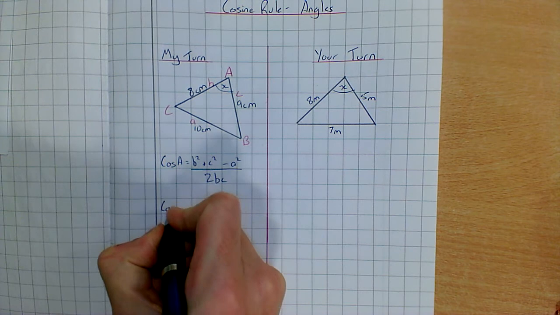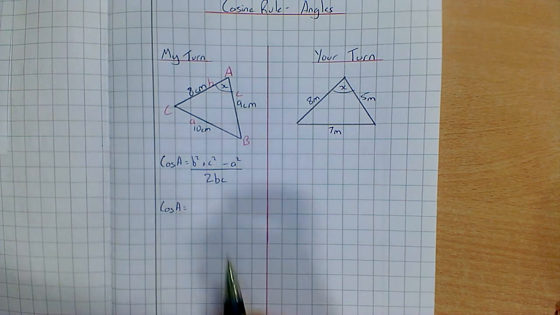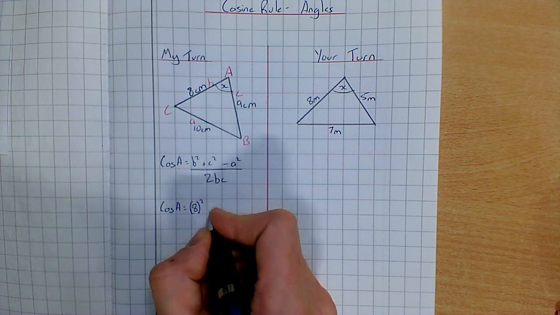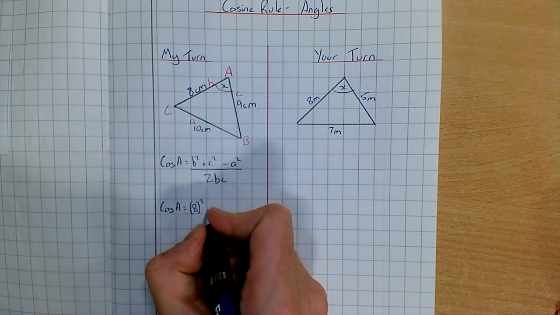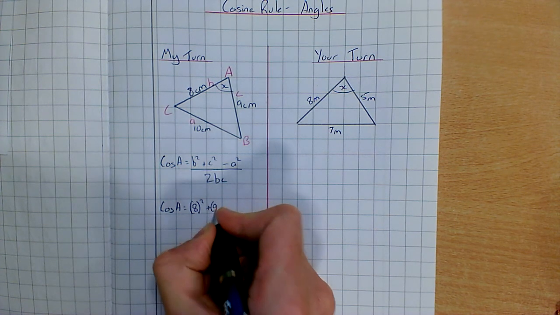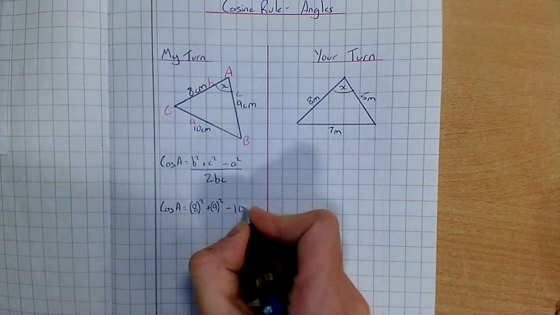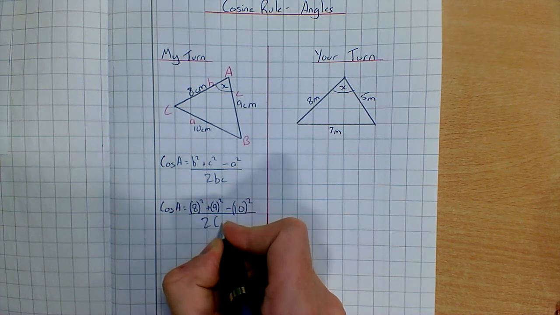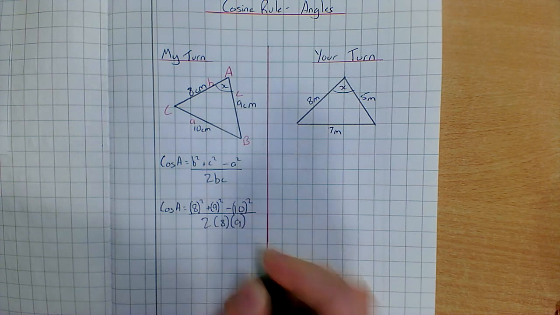So cos A equals 8 squared plus 9 squared minus 10 squared all over 2 times 8 times 9.